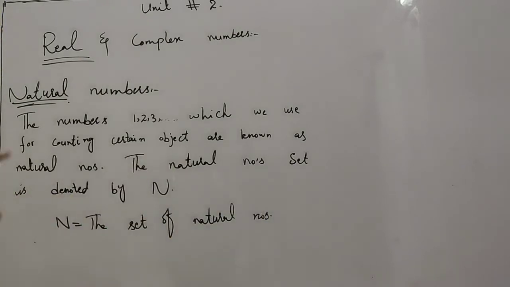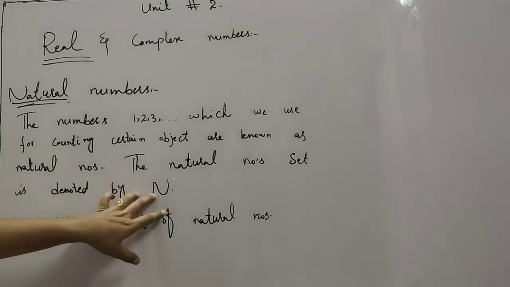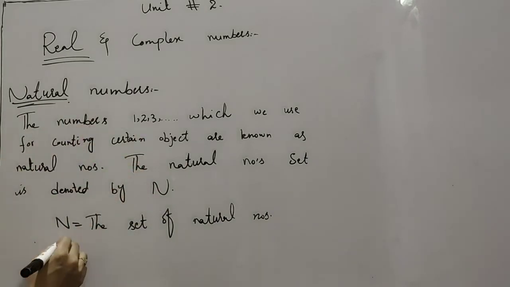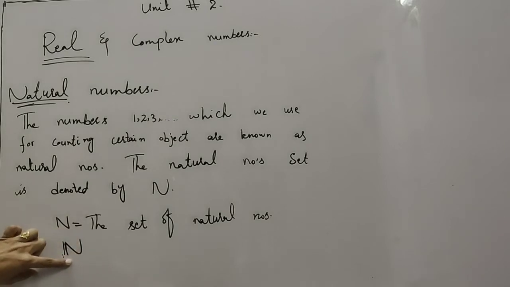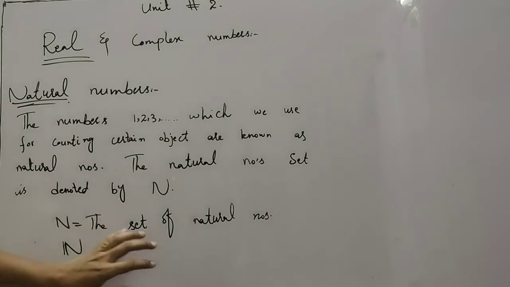But if you want to tell about natural numbers, just use this sign. Here is no need to describe the set. This N is describing the set, that this is the set of natural numbers.